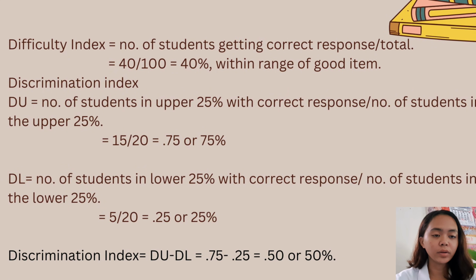So earlier, meron akong pinakitang option A, B, C, and D. So in distractor A, distractor A is not an effective distractor because it was never selected by the students, and the distractors C and D appear to have a good appeal as distractors. They are plausible distractors.